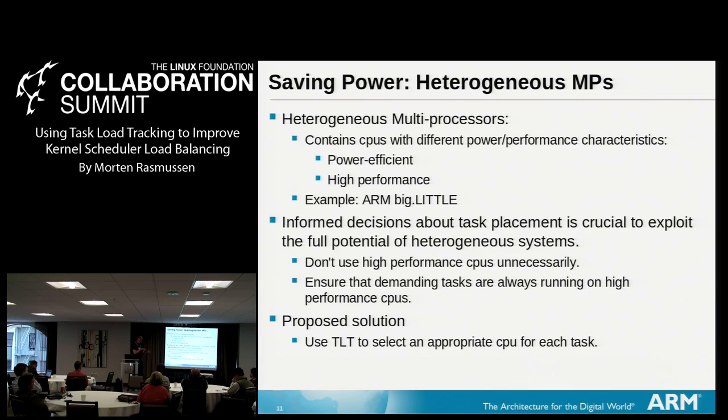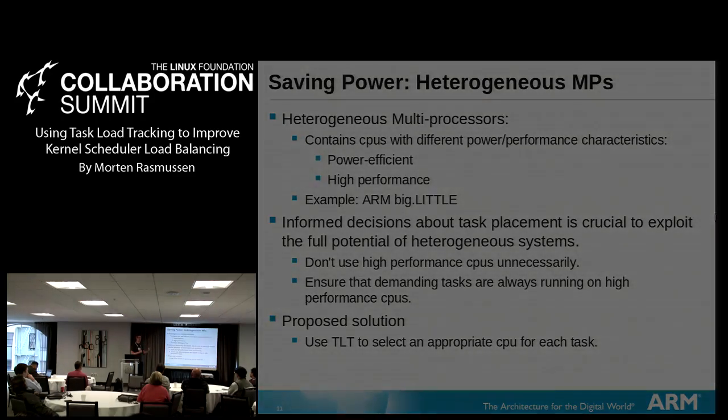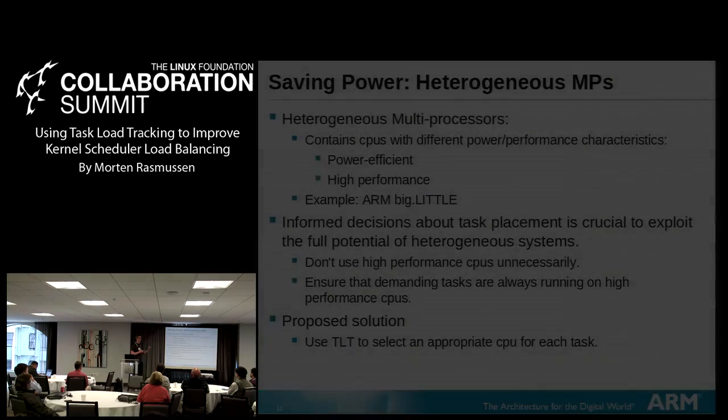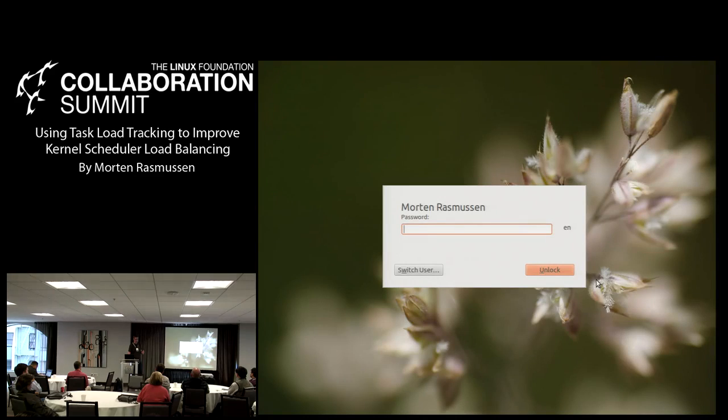So what we're proposing to do to fix the frequency problem is to basically scale the tracked load by the ratio of the max frequency you're running at. So you make your tracked load frequency invariant. And you can extend that even further by scaling by the microarchitecture difference between the big core and the little core. But it's a bit more difficult because, sorry?